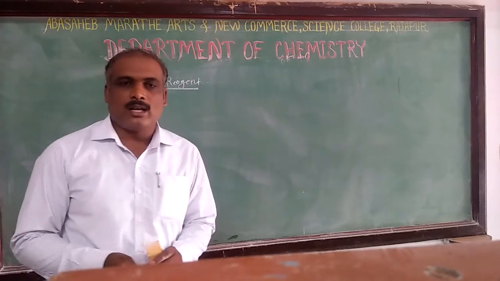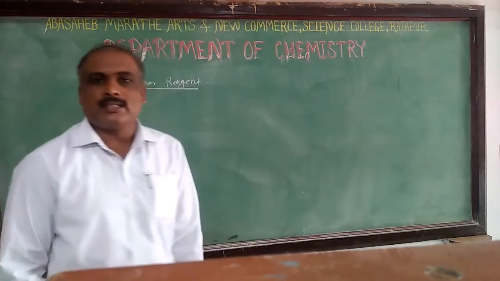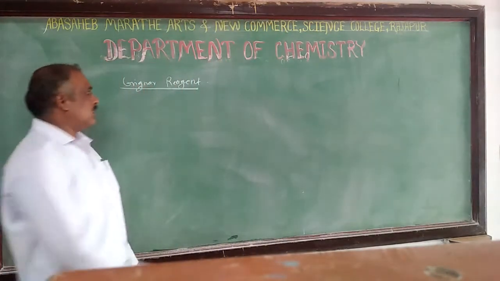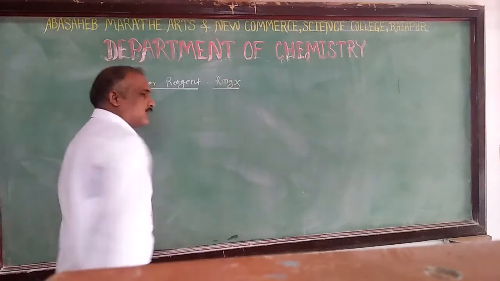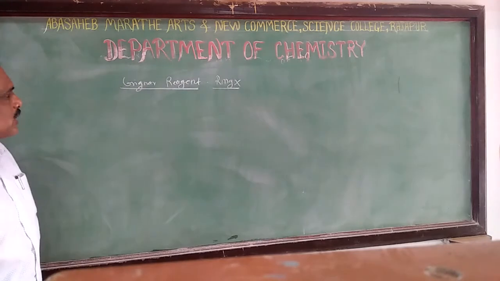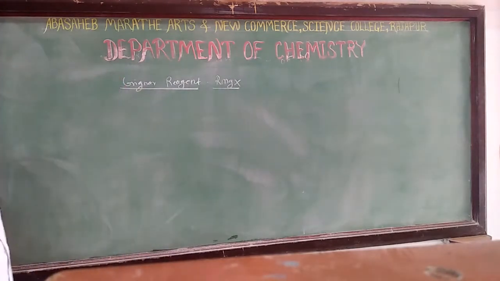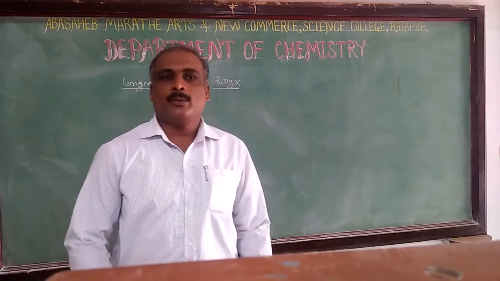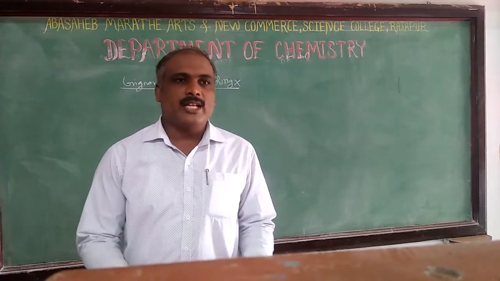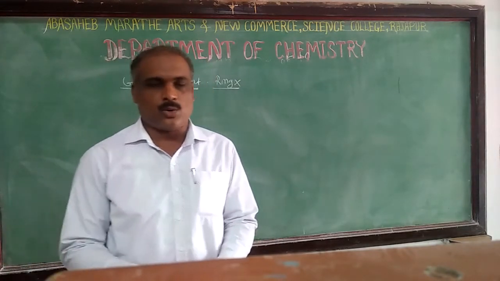Grignard reagents are alkyl magnesium halides, like RMgX. Those Grignard reagents are used to prepare various alcohols like primary, secondary and tertiary alcohols.